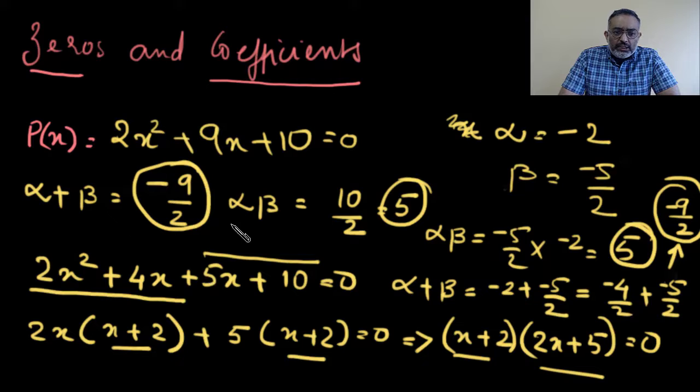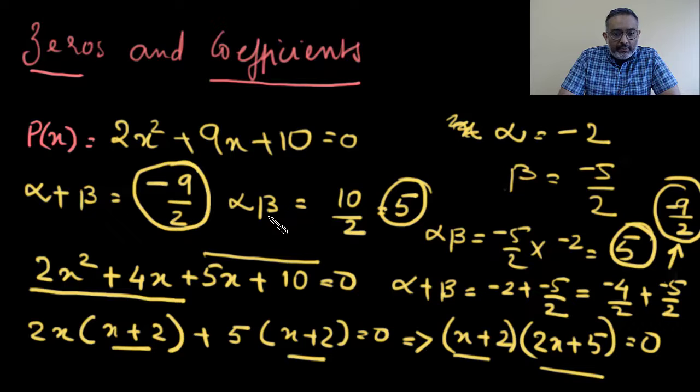Let's recap just one more time so we are clear. The relationship between the zeros and coefficients is right here. The sum of the zeros, alpha plus beta, is negative b by a, b being the coefficient of x and a being the coefficient of x squared in a quadratic standard form.